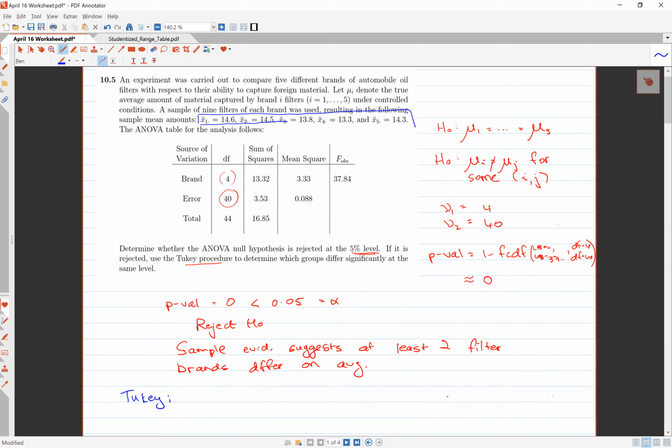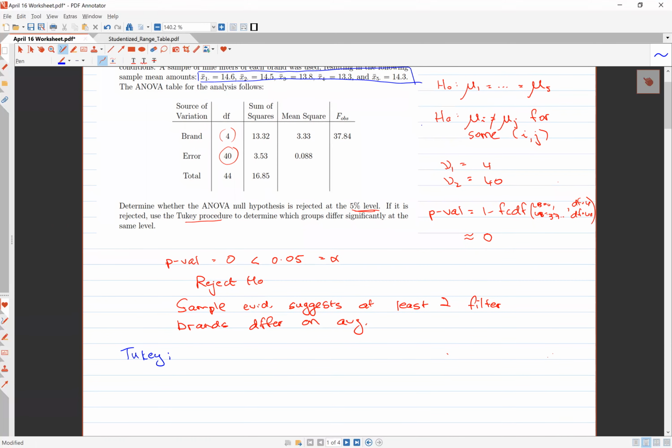So these sample averages, we want to sort them from smallest to largest. If I do that, the ordering is 13.3, 13.8, 14.3, 14.5, and 14.6.